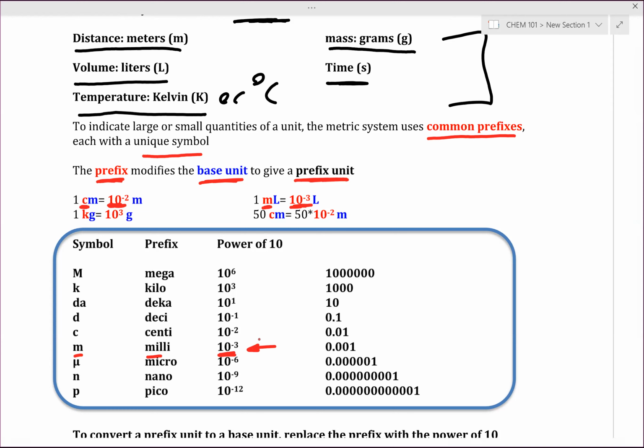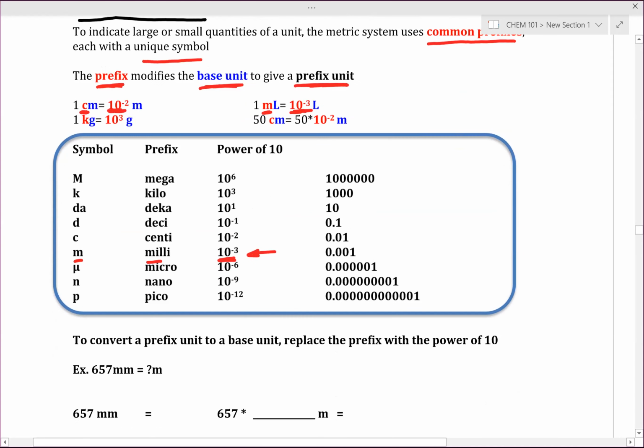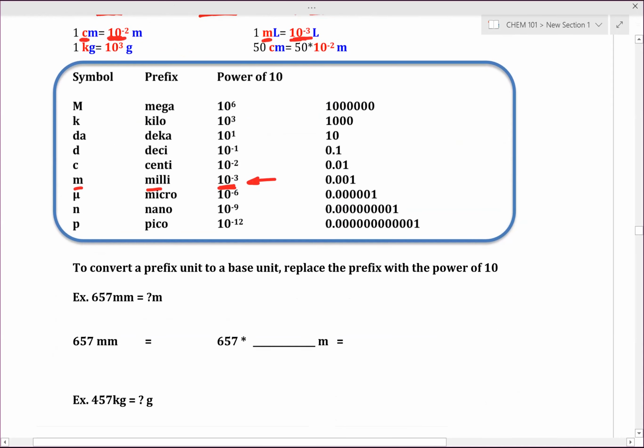Okay. Now, to talk a little bit about how to convert a prefix unit into a base unit. The reason why I boxed this table is you are expected to memorize this table. You will not be provided the prefix conversions on the exam. You will eventually become so used to these conversions, you'll be able to do them instantly.